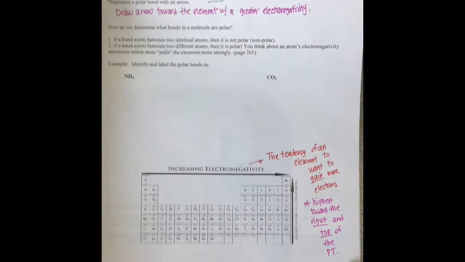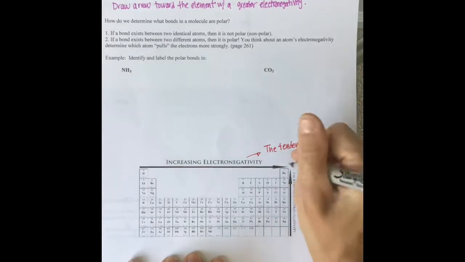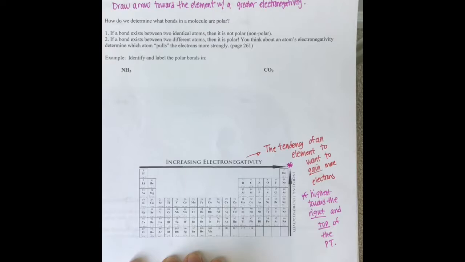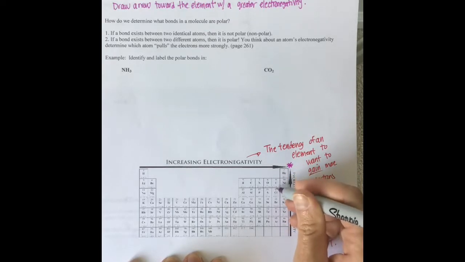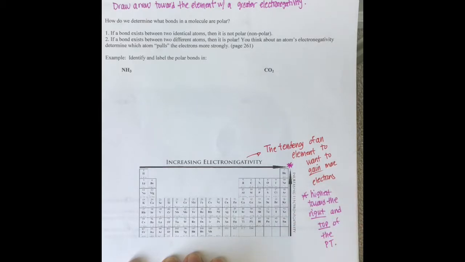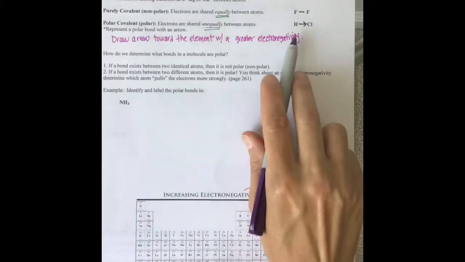Okay, so I just wrote highest towards the right and to the top of the periodic table. These guys really, really, really want to gain more electrons, especially these group 7 elements. Okay, so let's use that to determine if a molecule is going to have polar or non-polar bonds in it.